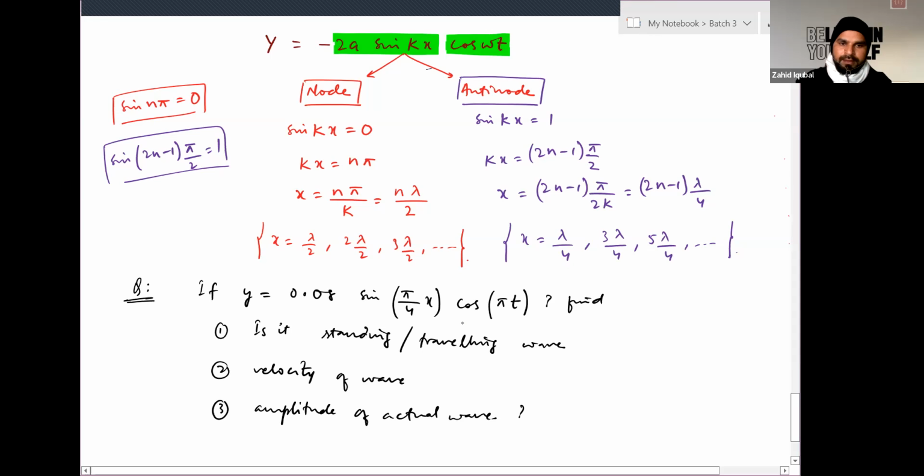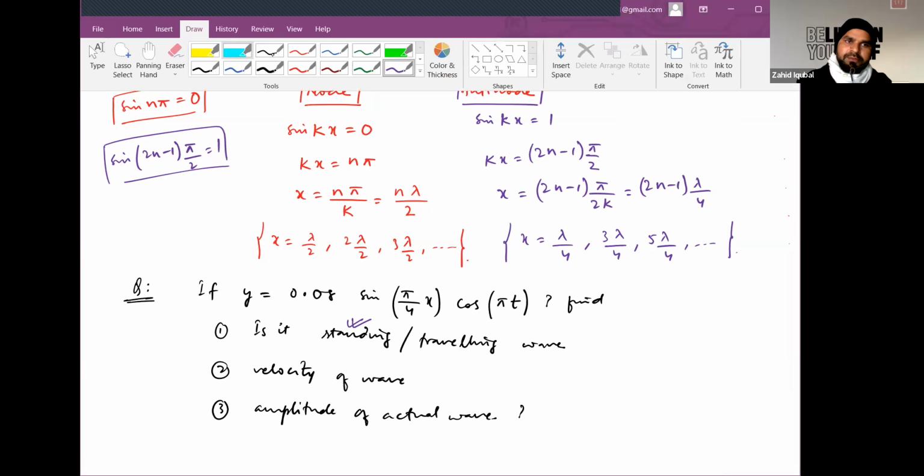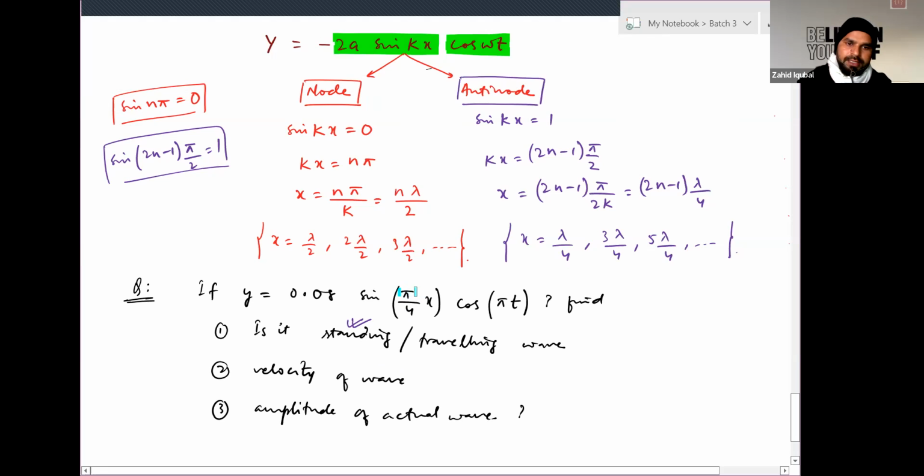Good. Since we have kx and omega t in different parts, it must be standing wave. Next, we have to calculate velocity, for which we just need two different parts. One is omega and the other is k.